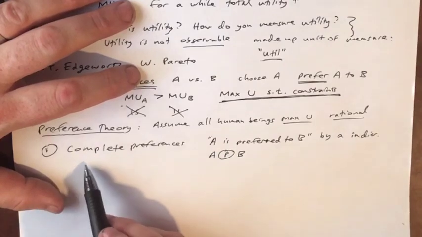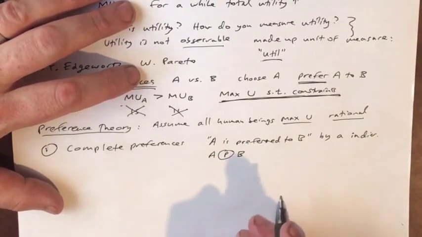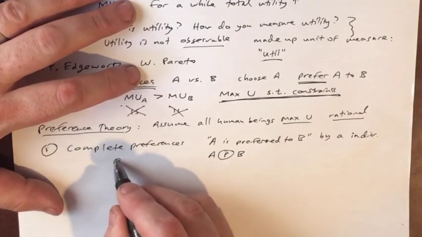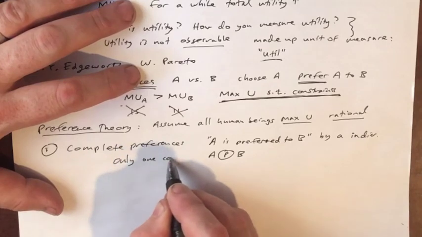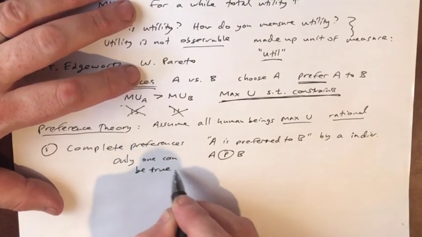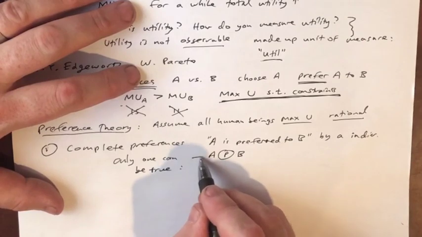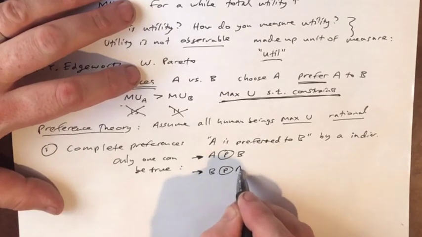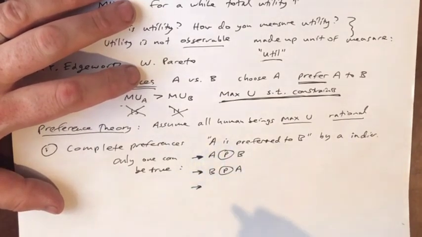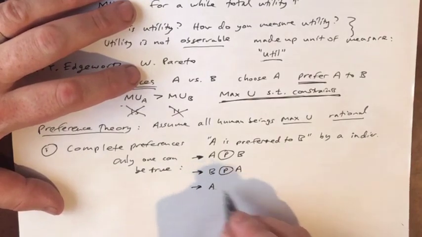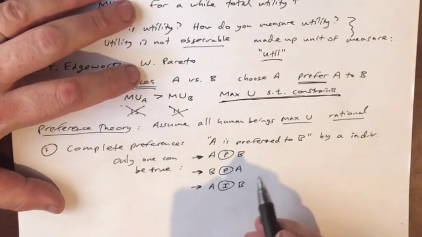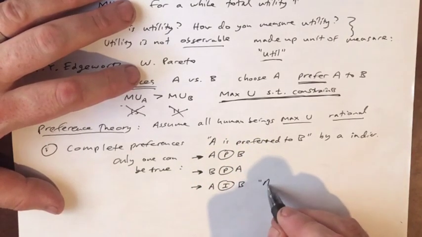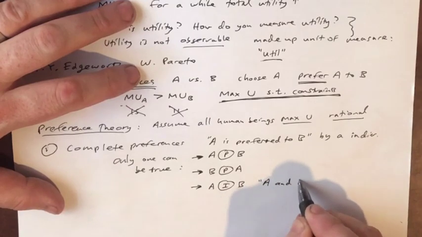So saying that the person has complete preferences just means only one of the following can be true, but one is always true, okay? Either A is preferred to B, or B is preferred to A, or the final situation is that you're indifferent between the two.